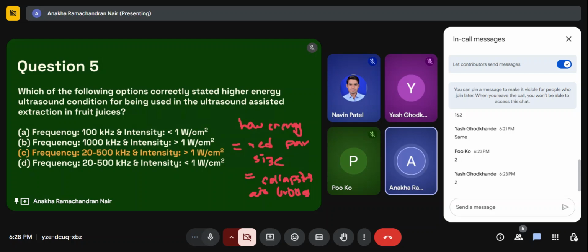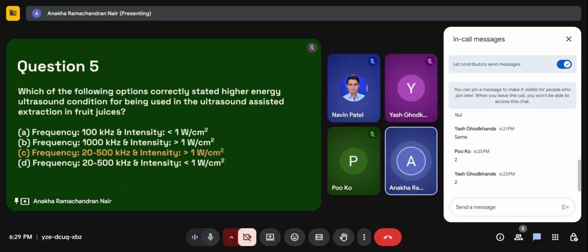But when you're packaging these juices, you need to ensure that these air bubbles are not present, because they take away from the volume of the juice that has to be present in the packaging. So if you use low energy, which is 100 kilohertz, and more than 1 W per cm square, then these are what you can do with it.